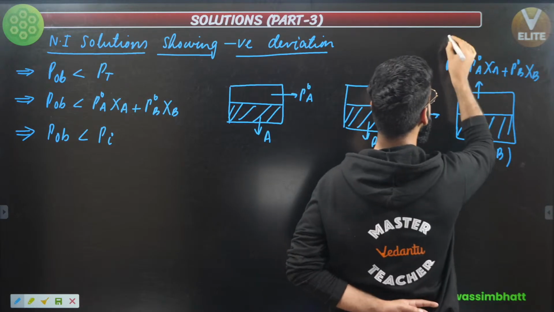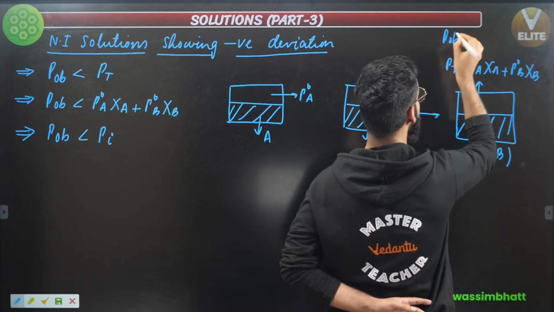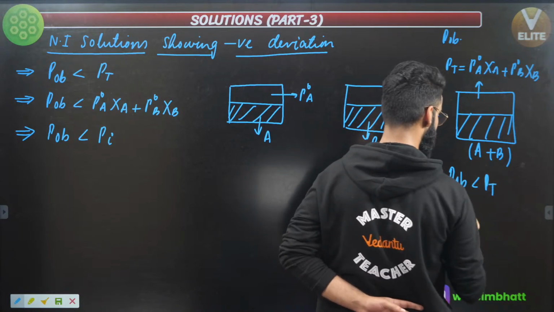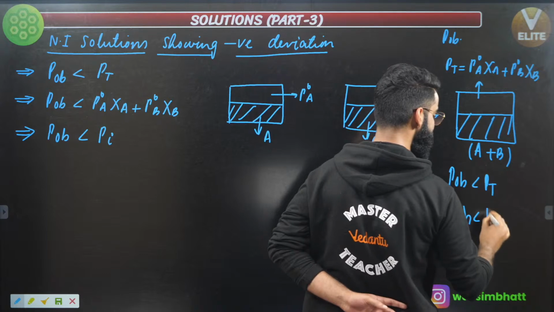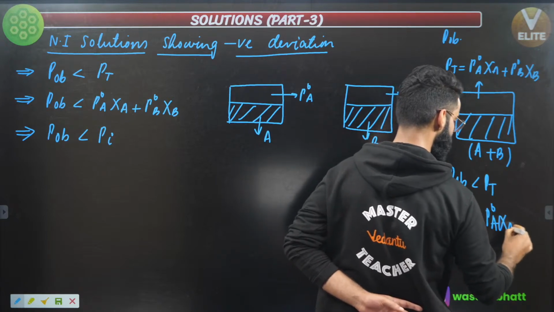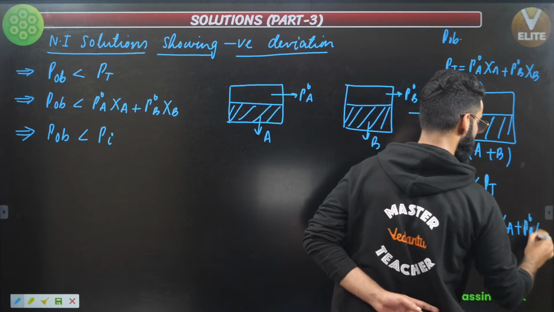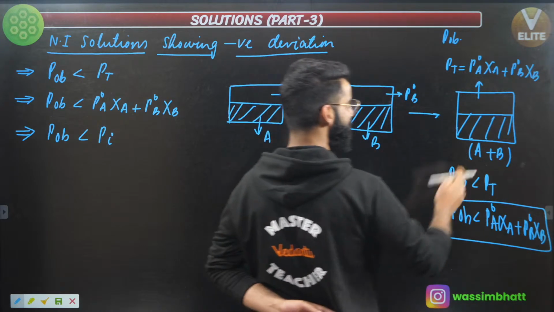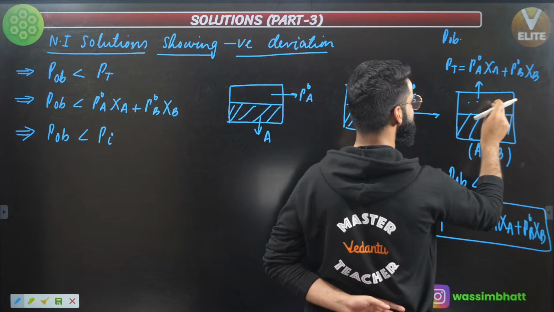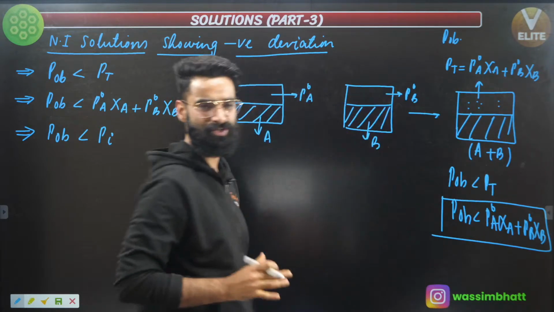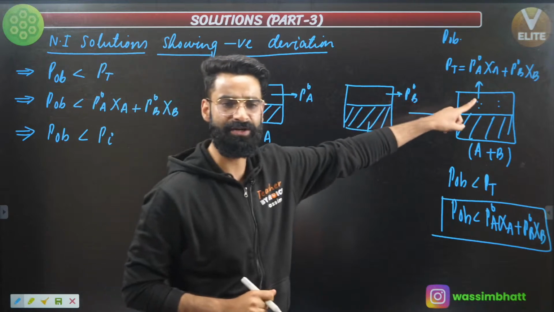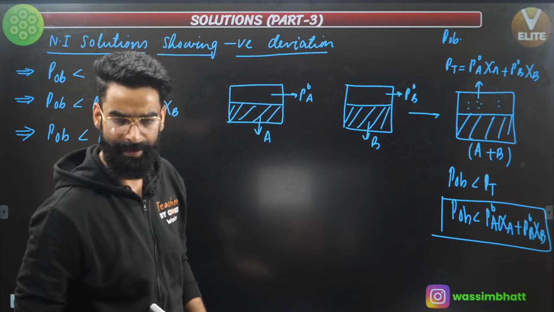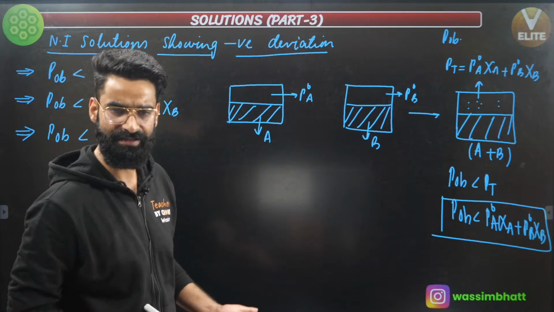But experimentally it's calculated as P observed, and it's seen that P observed is less than PT, or I can say P observed is less than P naught A chi A plus P naught B chi B. What can I conclude from here? Can I conclude that the amount of vapors above the solution is actually less? That's why the actual vapor pressure comes out to be less than the theoretical vapor pressure. I can say something like this, right?